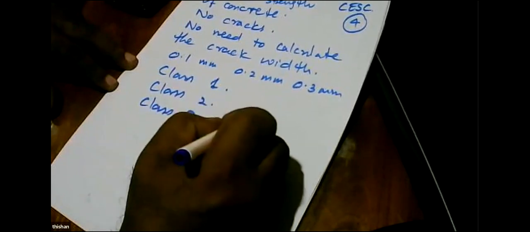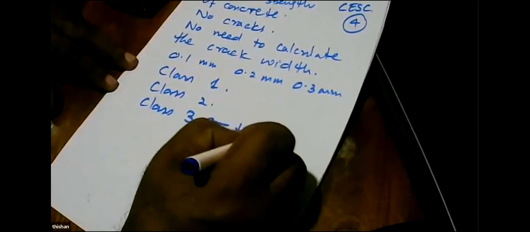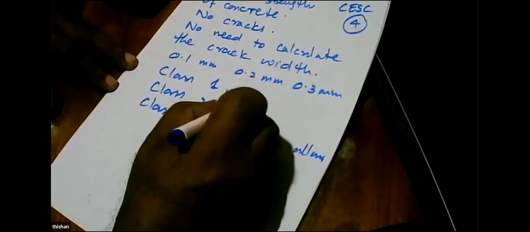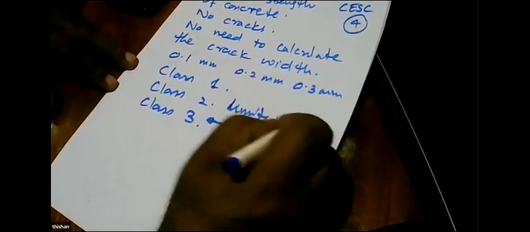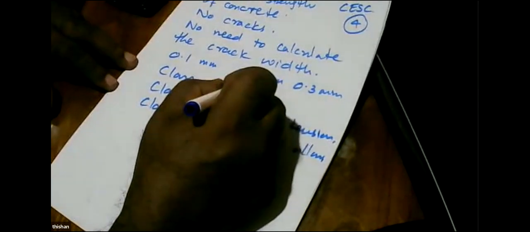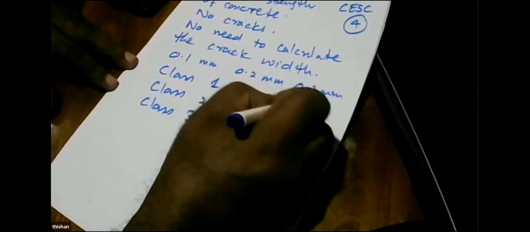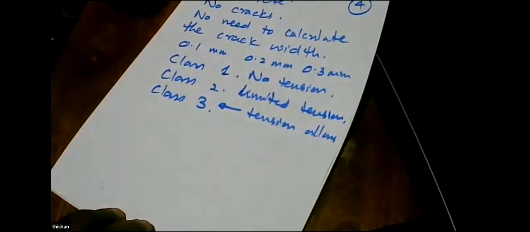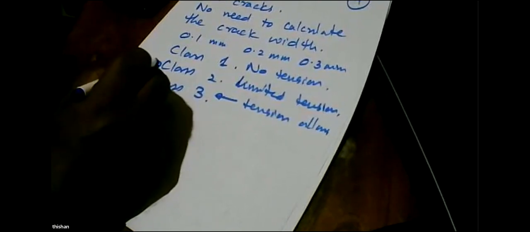Class 3, tension allowed, class 2 limited tension, and class 1 is no tension. So you will find most of the structures that we see have been designed as class 2 structures.